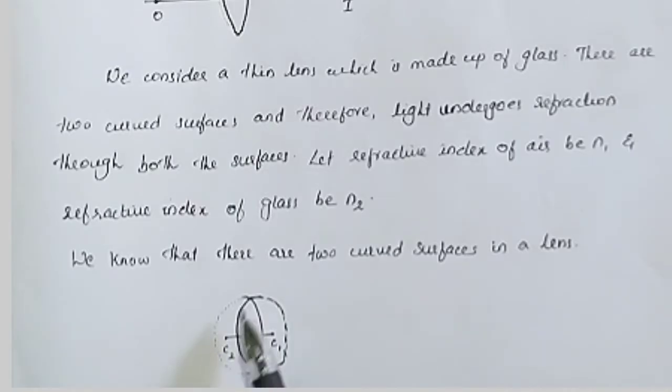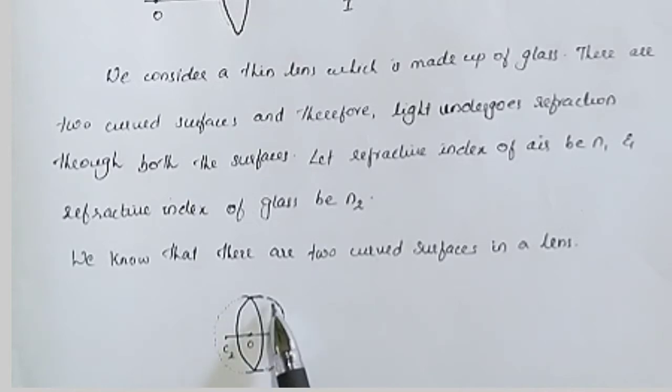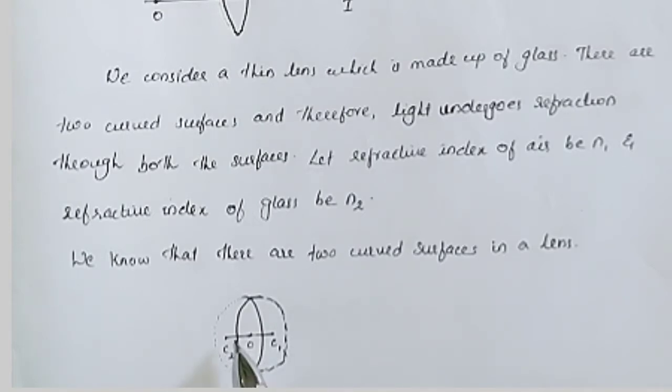As we told, a lens is combined with two spherical surfaces, so we can extend the two spherical surfaces and we can see there are two spheres, and the centers of curvature of both the spheres are marked as C1 and C2, and the center of these centers of curvature is the optical center of our lens.